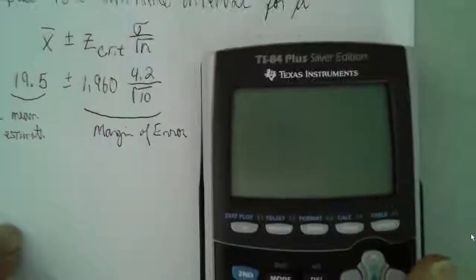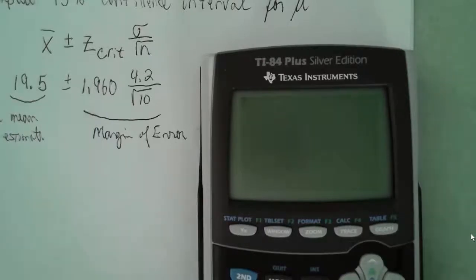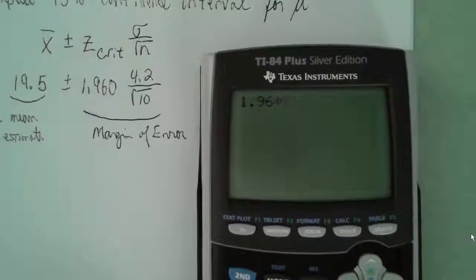Okay, our calculations next. We want 1.96, that's our critical value for z, multiplied by 4.2, the standard deviation of the population, and divide that by the square root of 10, where 10 is the sample size.